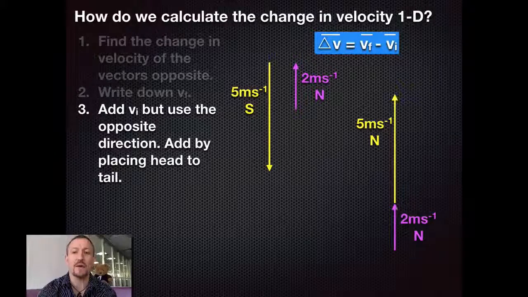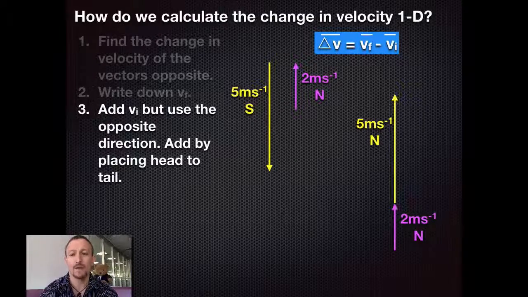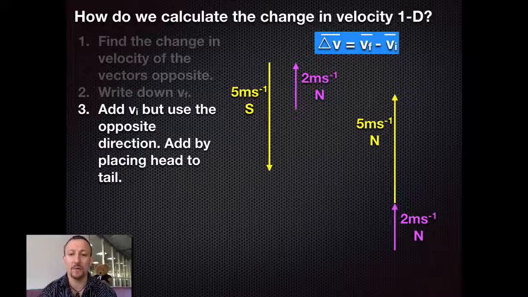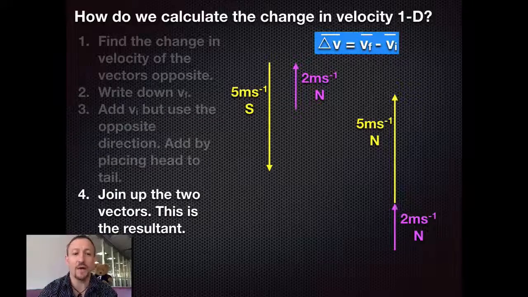So you can see now that I've changed my initial velocity, so it's going in the opposite direction, still the same magnitude, but in the opposite direction. So I've got 2 meters per second north, and I've got 5 meters per second north as well. So they're all going in the same direction. Now, I join up the 2 vectors, and that's going to be the resultant.